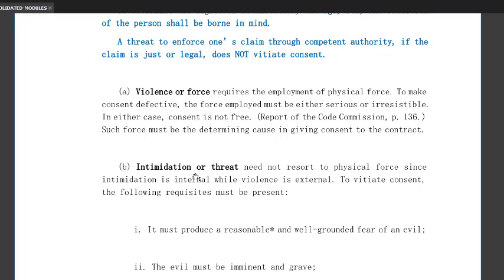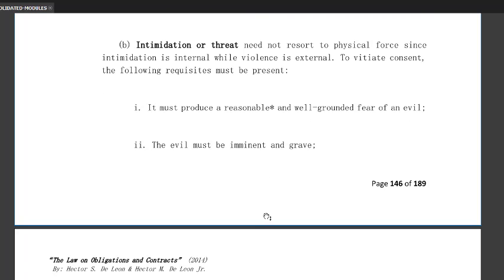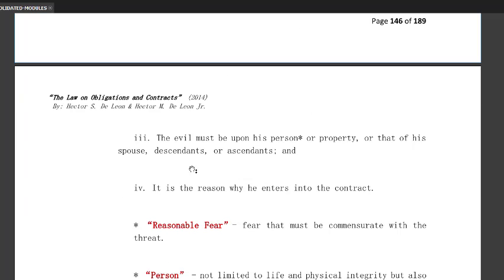And then, dito, masasabi natin na meron pong intimidation in order to vitiate consent or taint consent when one of the contracting parties is compelled by a reasonable and well-grounded fear of an imminent and grave evil. Yun yung sinasabi diyan na intimidation upon his person or upon his property or upon the person of his spouse, descendants, or ascendants.